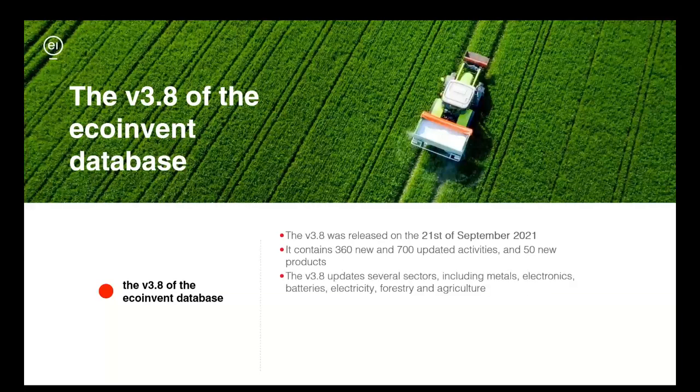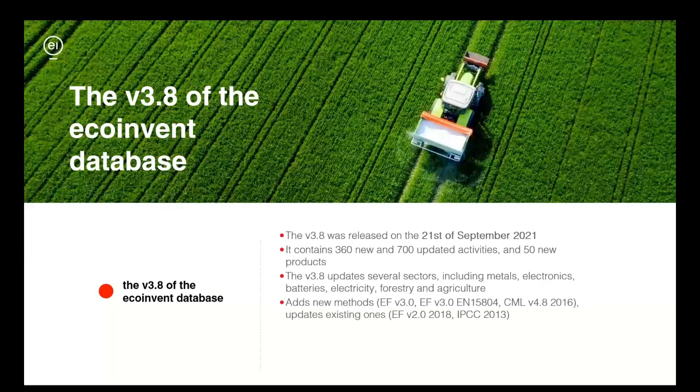Version 3.8 will update several sectors, and we will look into that in the next slides. It will update parts of the metal sector, an overhaul of the electronics sector and batteries, update electricity mixes, and add processes to the forestry sector and also the agricultural sector.